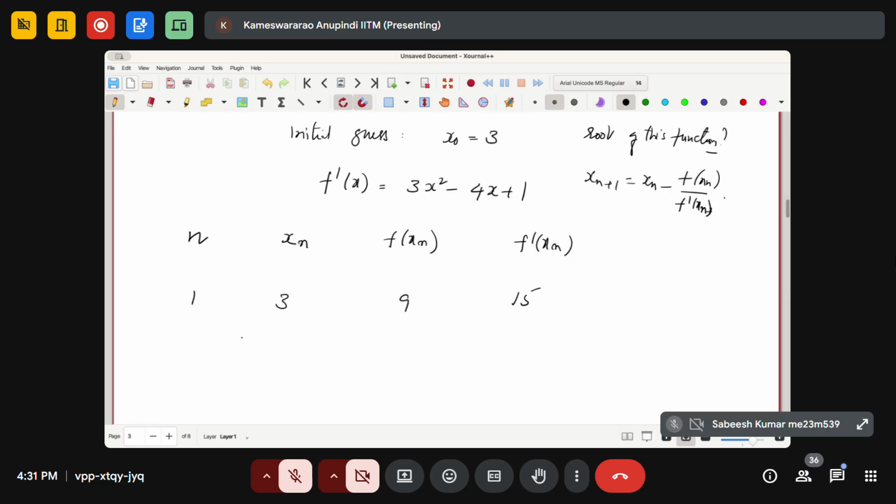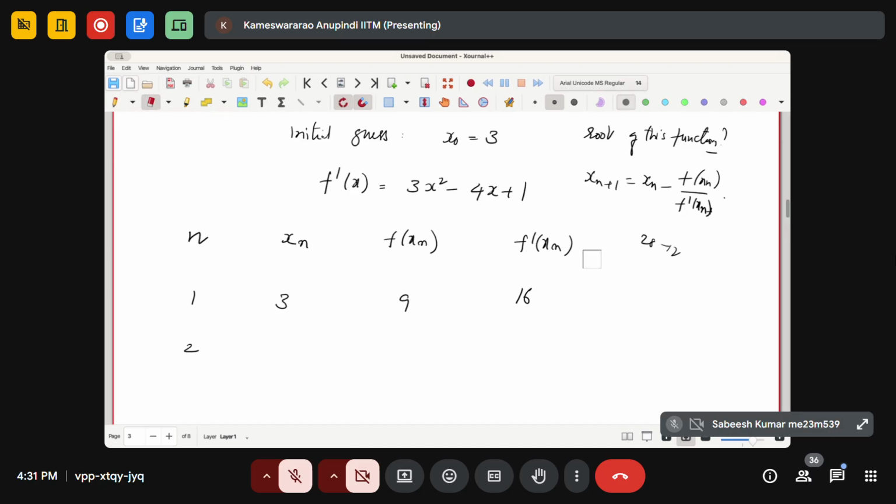Then what would xn plus 1 be in the second iteration? Can somebody calculate f of xn by f prime xn and then xn plus 1? That is 3 minus 9 by 16. It should be 16, sorry, 28 minus 12, 16.